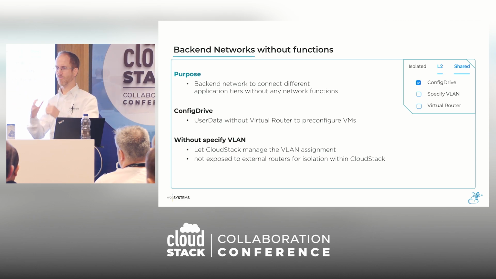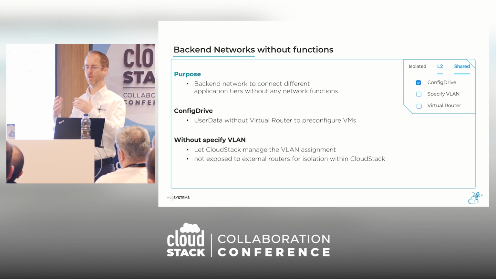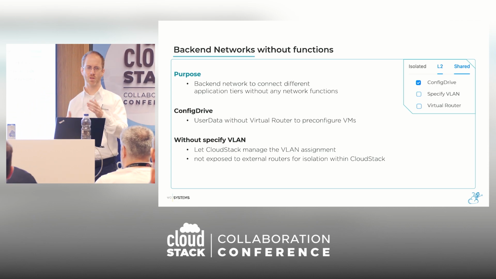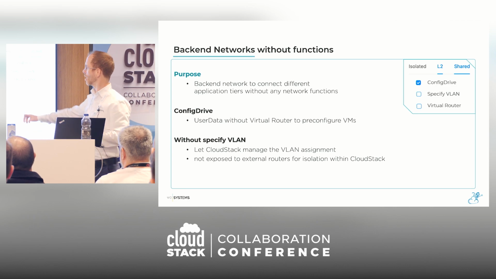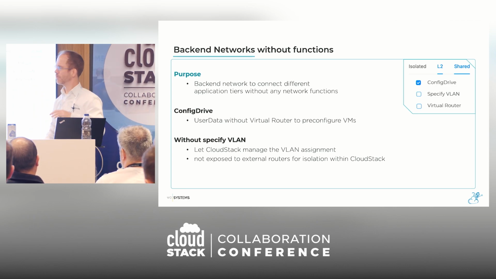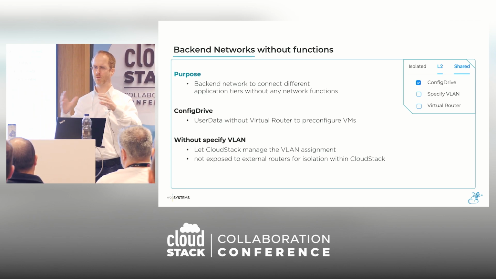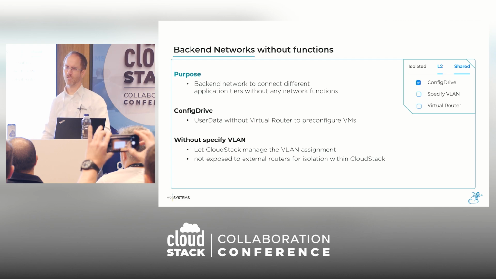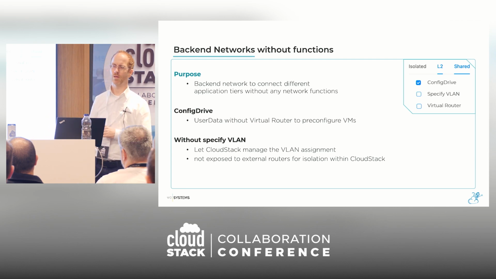First, as a very simple example, having application servers and connecting them to database servers, where we do want to use static IPs without any DHCP, DNS, or whatever functionality, just a plain network. I always recommend, even if you don't know how or if you need it later, checking the ConfigDrive option for layer 2 networks.